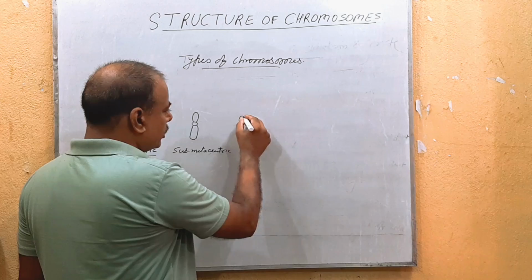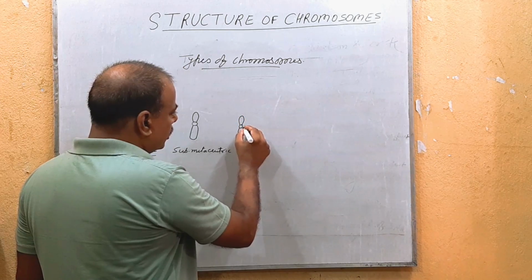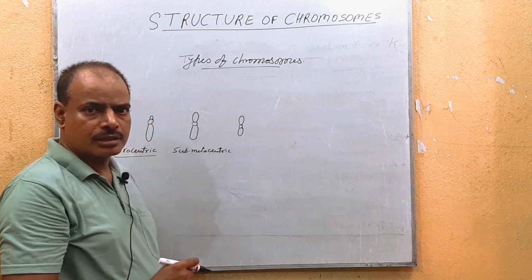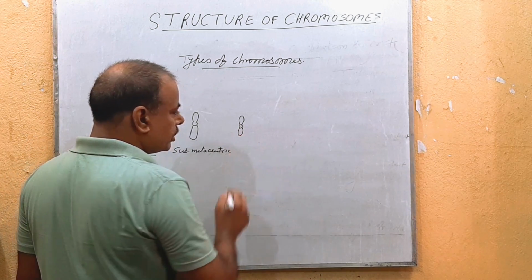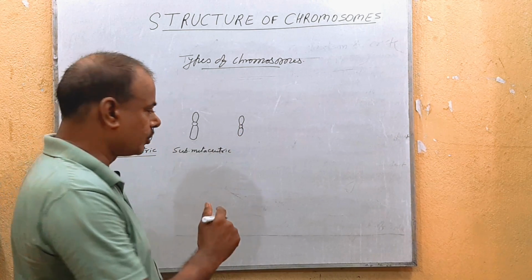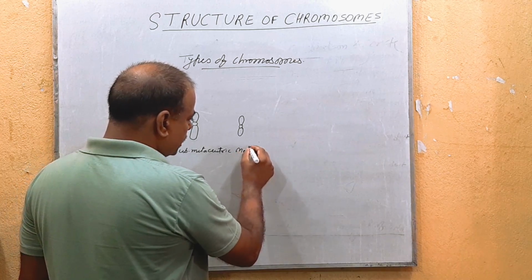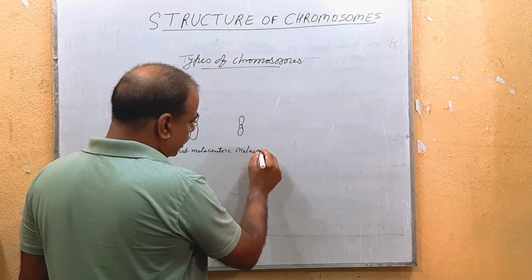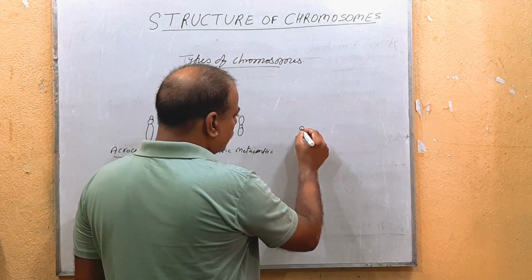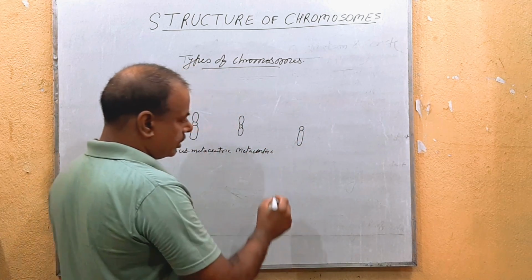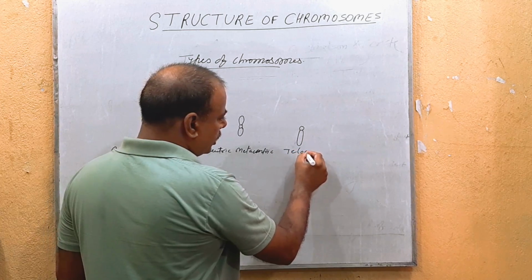Here is the third, and the sizes of the chromatids are similar. It means the centromere is located at the center of the chromosome, and therefore it is known as metacentric. Number 4 is telocentric.